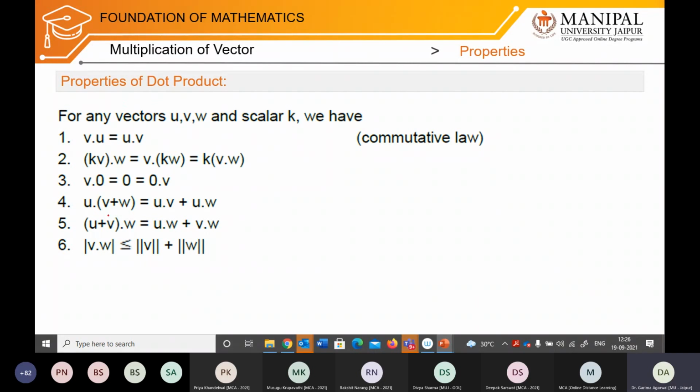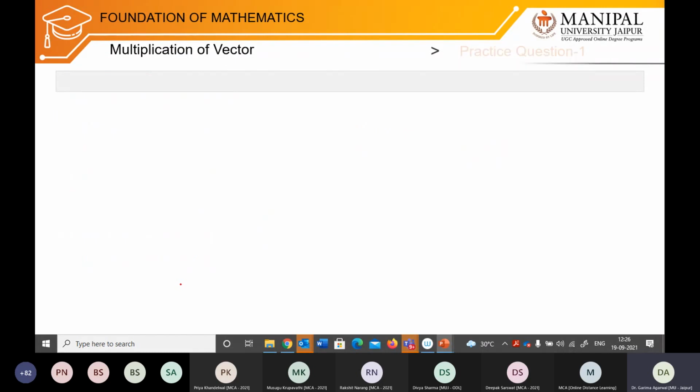Now we have a few properties of the dot product, like u dot v is equal to v dot u, it is commutative. Now k times v dot w is equal to v dot kw or kv dot w. V dot 0 is equal to 0. This is associativity, and magnitude of v dot w is less than or equal to magnitude of v times magnitude of w.